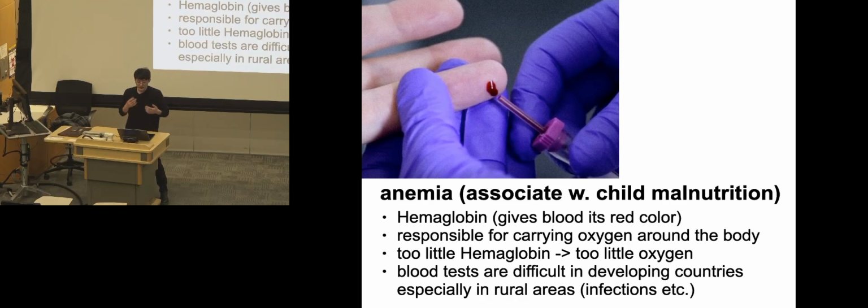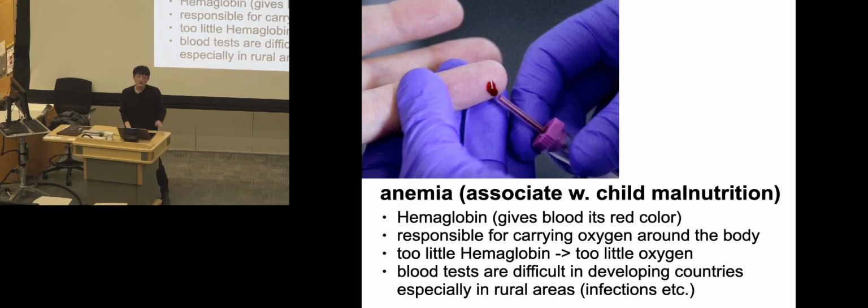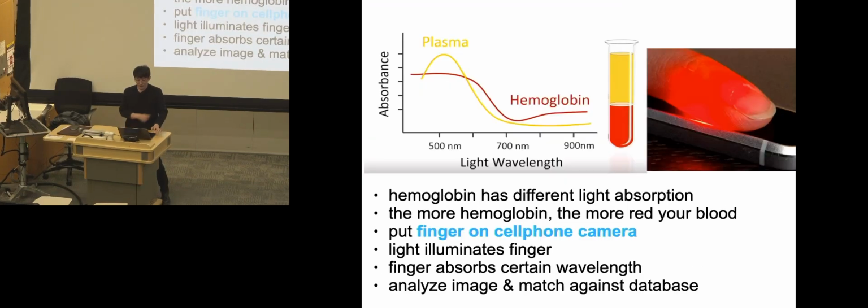This is pretty common in developing countries, rural areas, or areas with higher altitude. Previously, it required drawing blood to get a more or less accurate measurement of how much hemoglobin you have. But with the development of the smartphone platform, with all the computational power it has, as well as those very nice embedded peripherals, the chips and devices on board, we are now able to measure hemoglobin level using the phone camera.